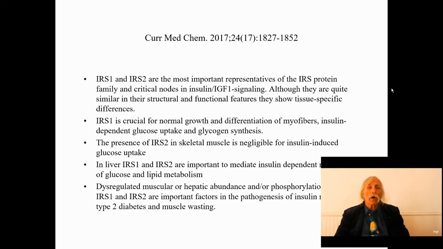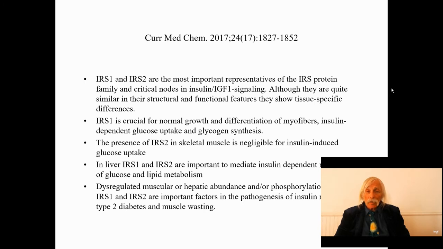IGF-1 is really important in the central nervous system, for example. The receptors for insulin or IGF-1 function through multiple downstream networks, and one of the major networks is this IRS sequence, the insulin receptor substrate sequence.